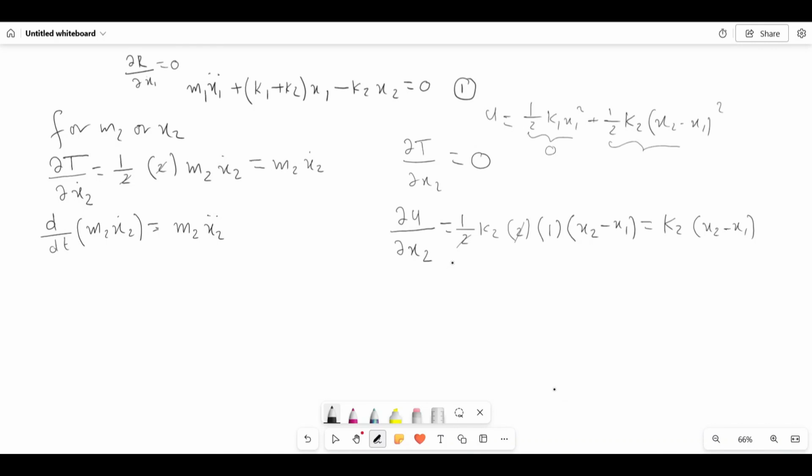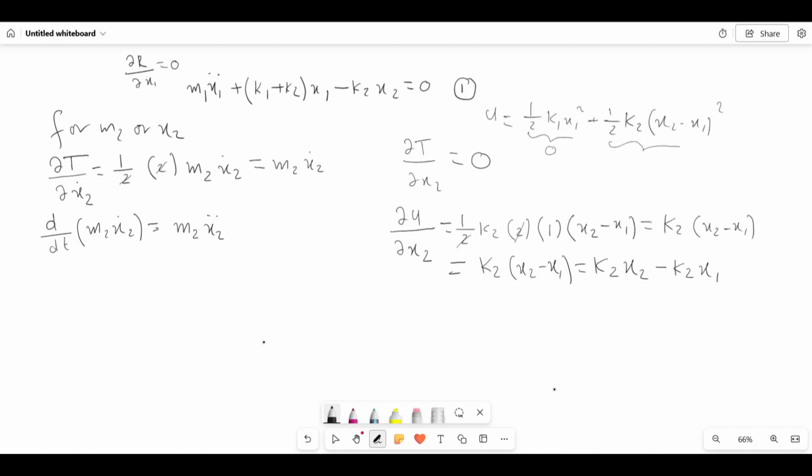So from here, if I can rewrite it, the expression will be k2 (x2 minus x1), so we'll be having k2 x2 minus k2 x1. Remember, we do not have any dissipation. There is no damper, so we don't have to write it.